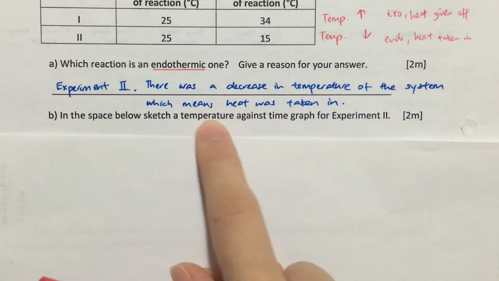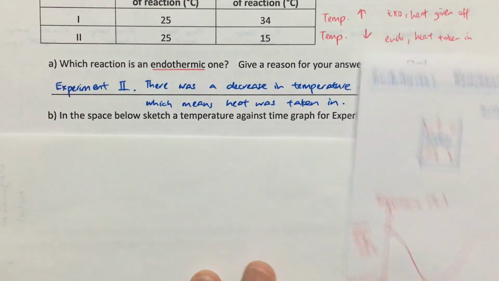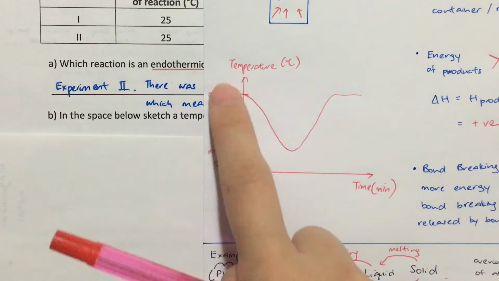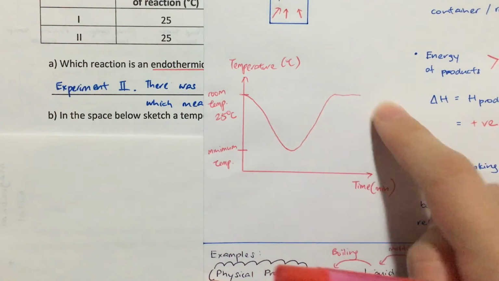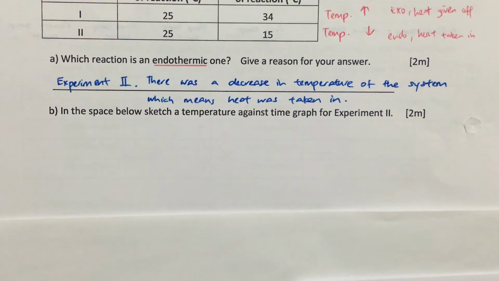So next one, in the space below, you need to sketch a temperature against time graph. So for endothermic, the temperature will be dropping and then going back to room temperature. So how can we draw this?